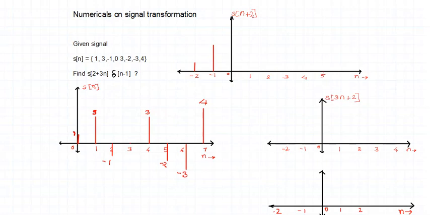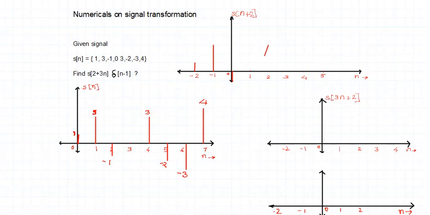So the first sample, shifted by 2 units, appeared at -2, the next appeared at -1. This particular sample follows, so at 0 the magnitude is -1, then there is 0, then there is 3.